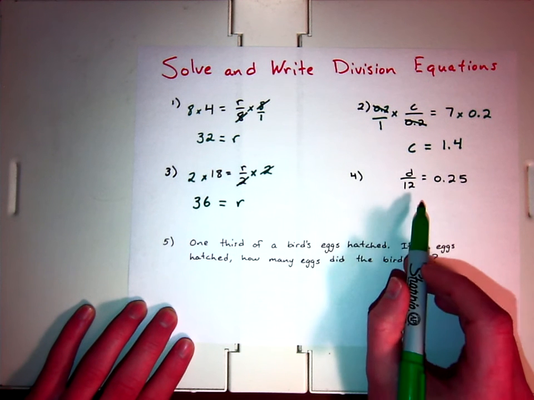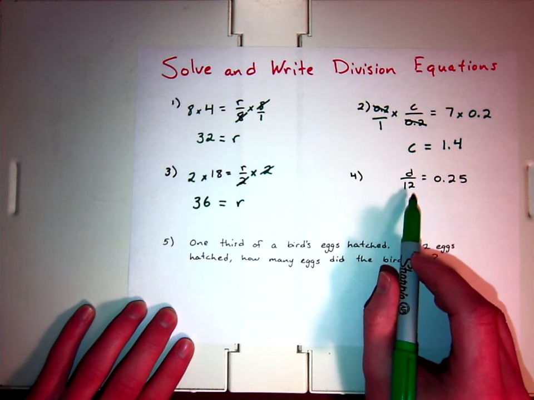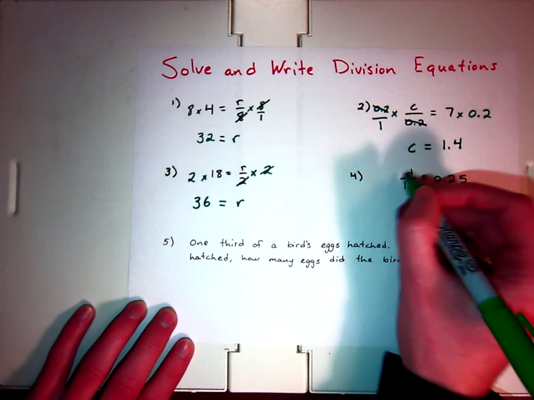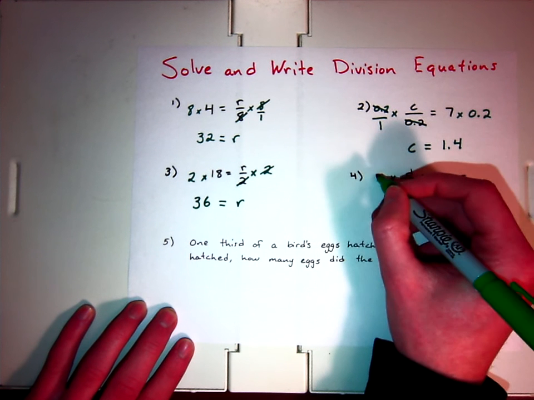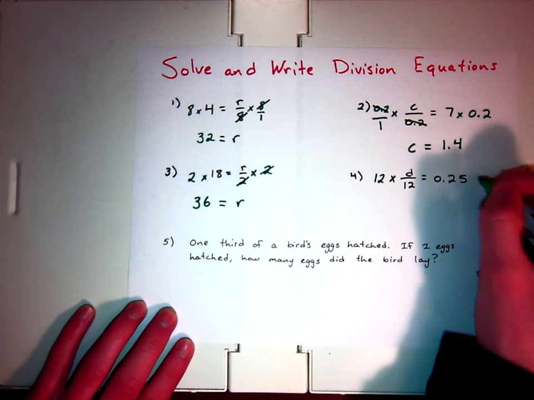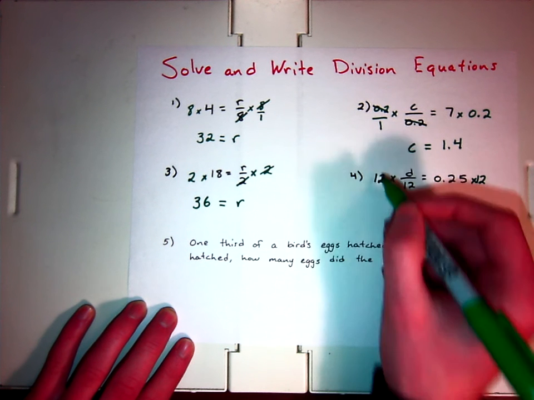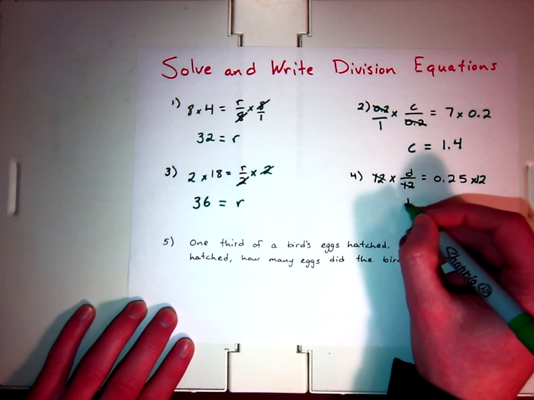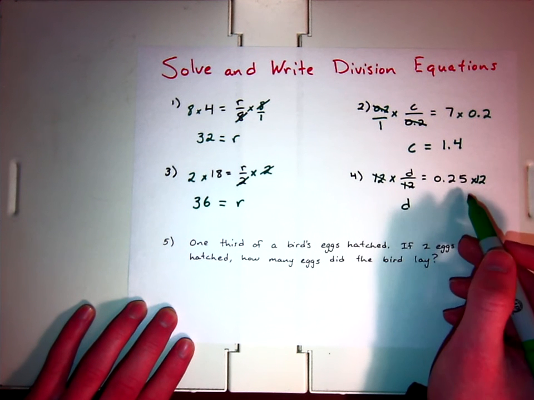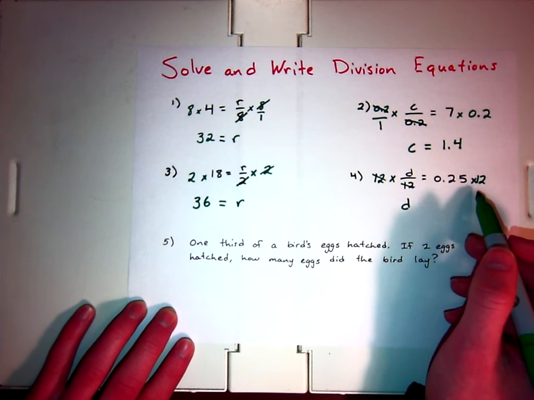Over here, what's being done to the variable D? Well, it's being divided by 12, so I multiply both sides by 12. Well, the 12s are going to cancel out. It's getting us D. And if we need to do multiplication, you can always feel free to do multiplication over to the side.